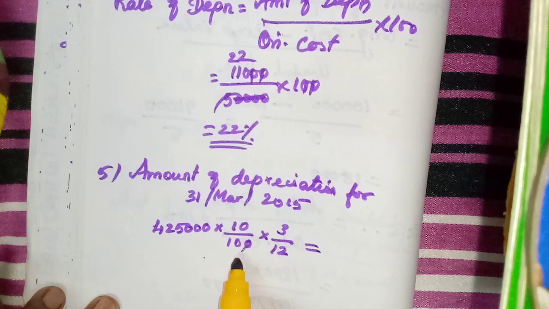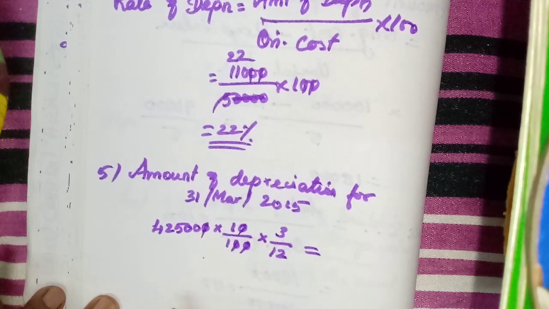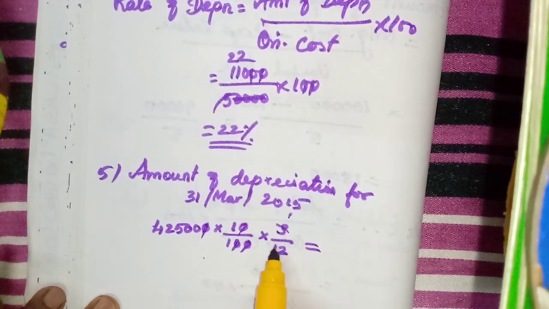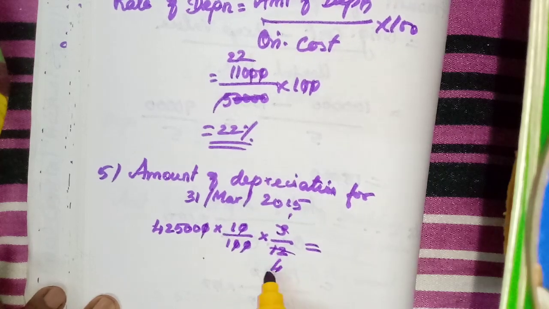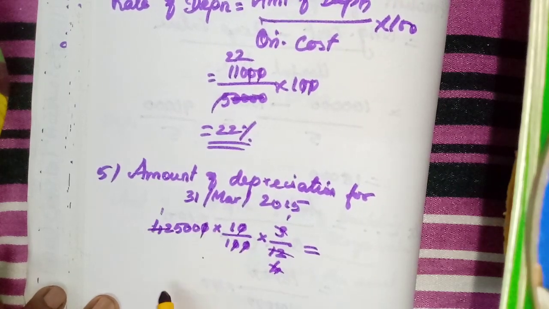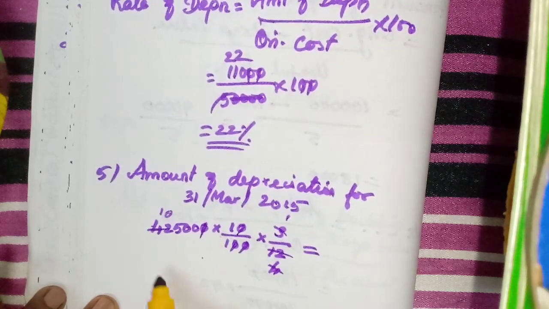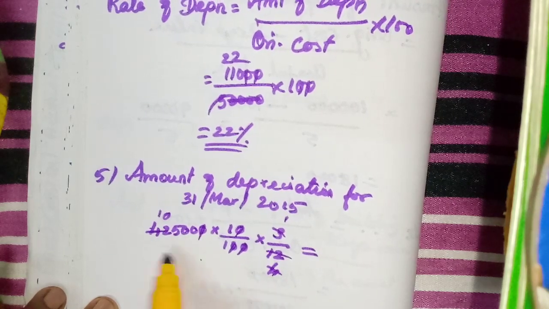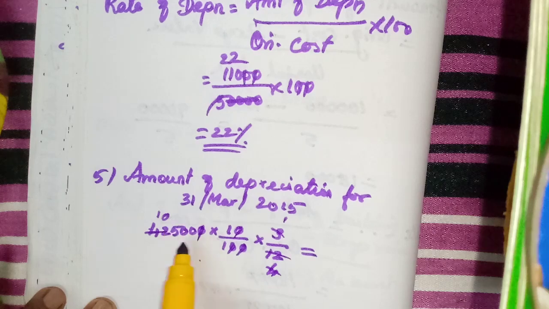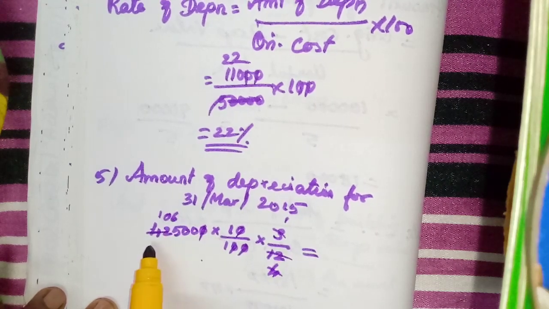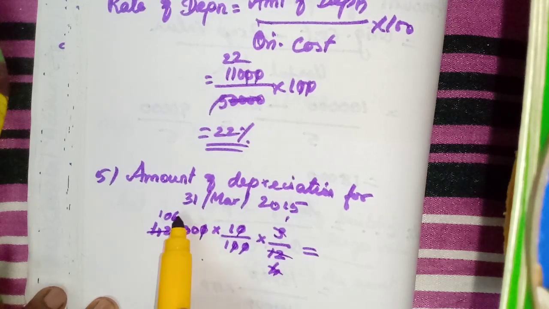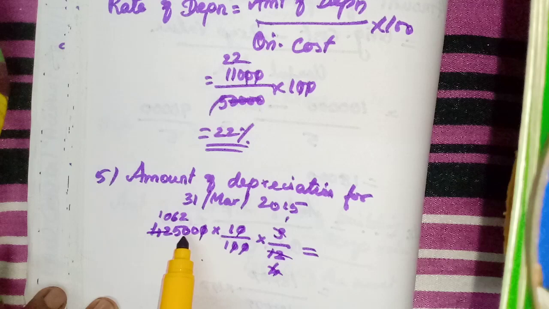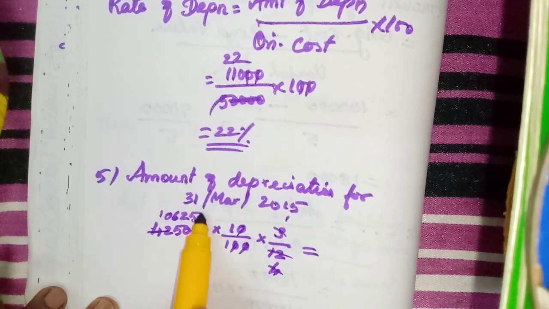Now we calculate. 3 1s are 3, 4 3s are 12. Again 4 1s are 4, then 0, 24, 25. How many 4s? 6. 6 4s are 24. Balance 10, 2 4s are 8, balance 2, 25.